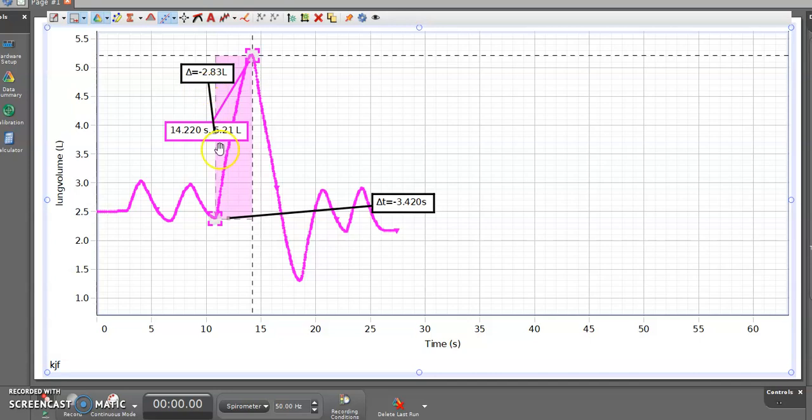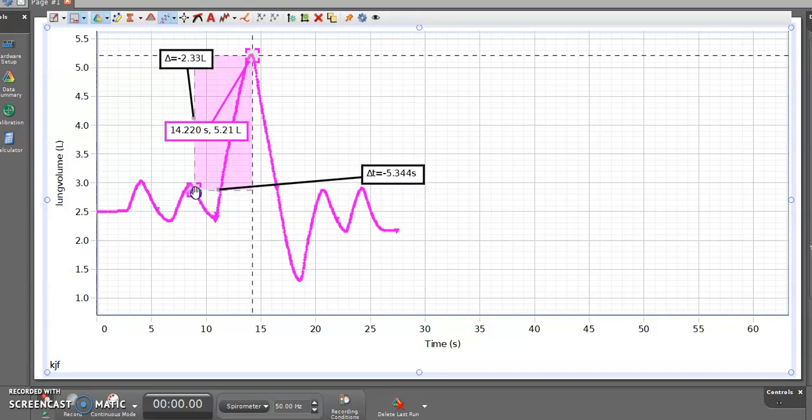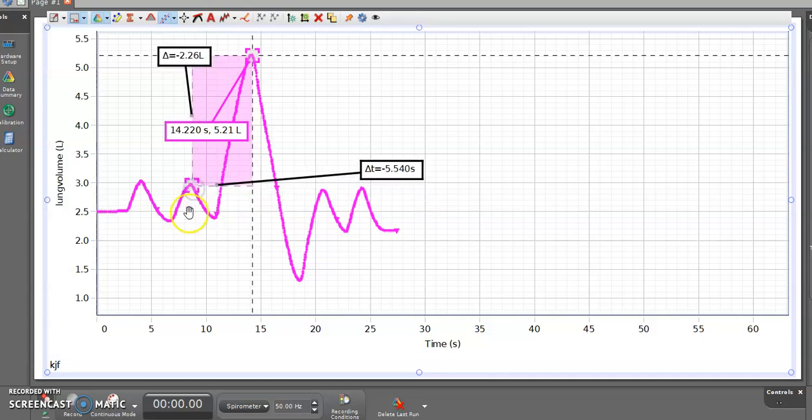And then the next one I want to do is called my inspiratory reserve. And the reserve means that I don't use it all the time. So my normal volume that I use is going to be here in my tidal volume. So my inspiratory reserve is going to be what I don't usually use unless I really need it.